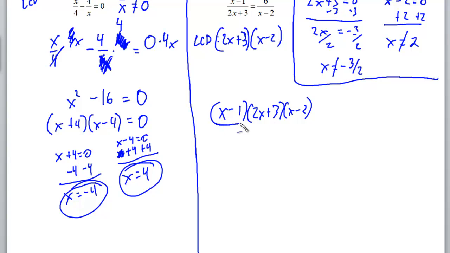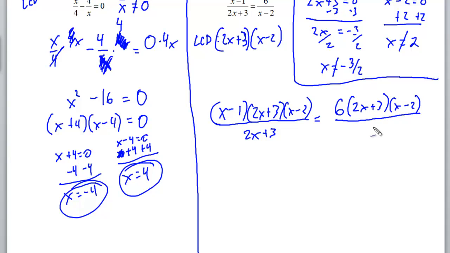And in the denominator, now I have 2x plus 3, which is going to cross out there. In my numerator here, I got 6, and I've got 2x plus 3. I got x minus 2. I'm going to set that over x minus 2. So those cross out, and these cross out.